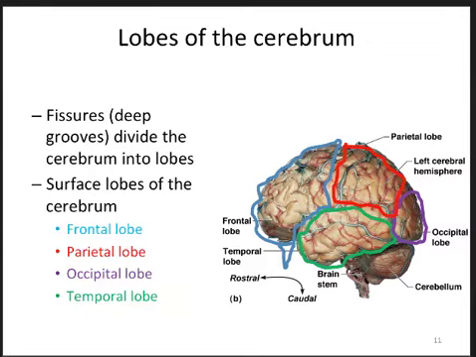Okay, so if we were to give a general job description for each lobe of the brain, the frontal lobe would be our seat of problem solving and higher reasoning, and also a lot of our personality is housed in the frontal lobe. It also contains the motor association area and the motor cortex.